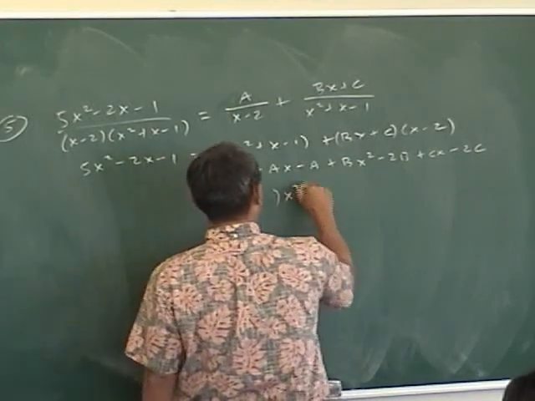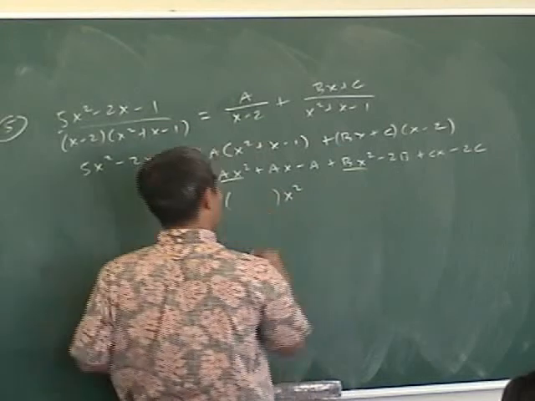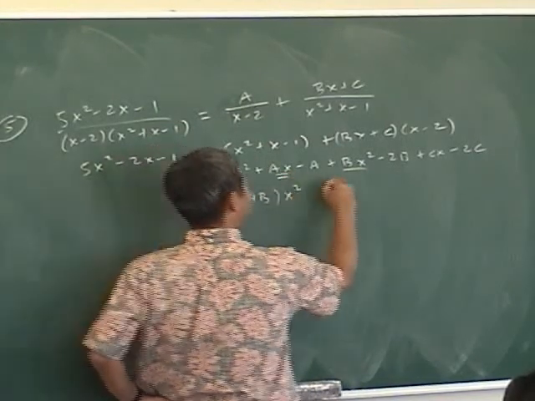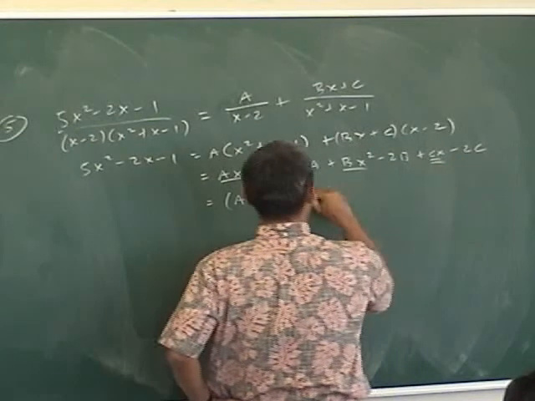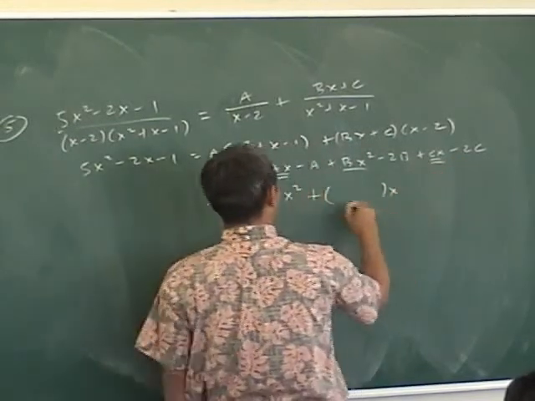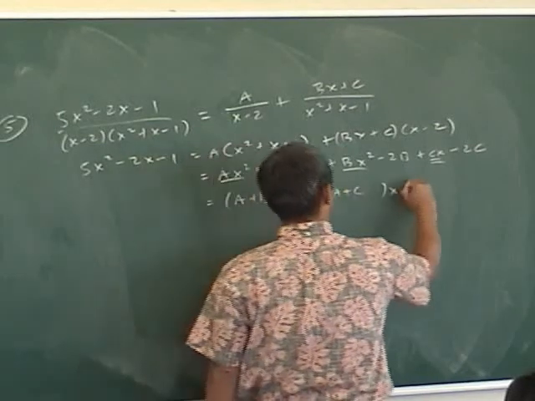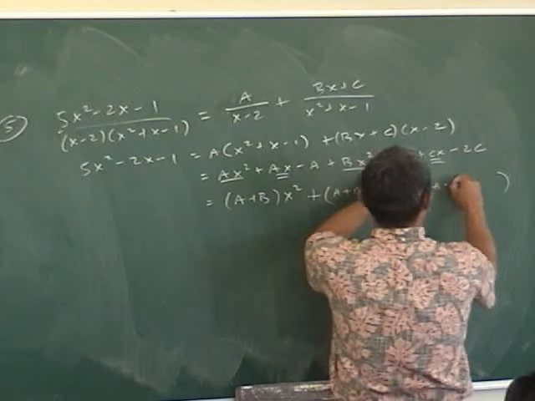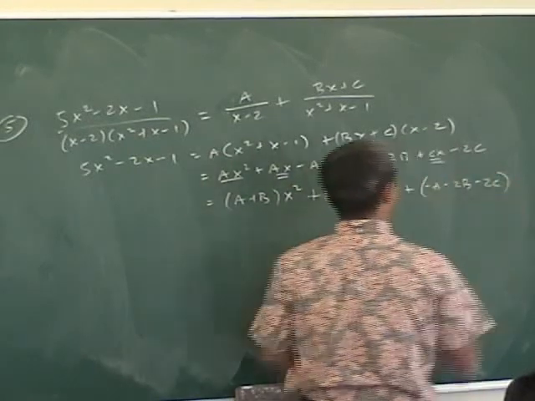Okay, so now, you got x squared terms. What's the coefficient going to be? A plus b. You have x terms. What's the coefficient? Look at the x terms. What's the coefficient? A plus c. And then you have the constant here. What is that? Negative a minus 2b minus 2c.